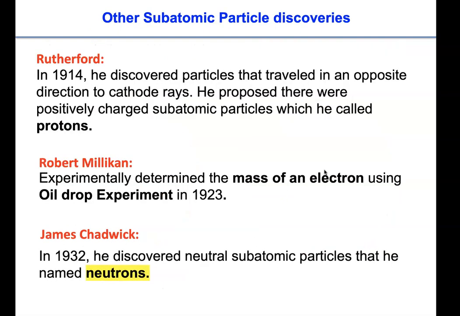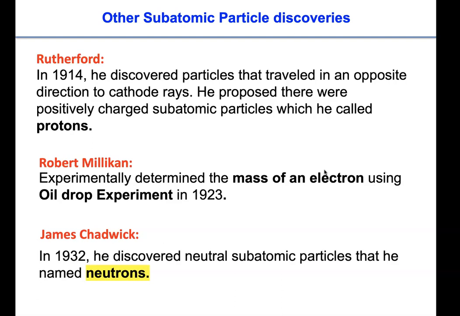So some discoveries. In 1914, Rutherford discovered positively charged particles that went in the opposite direction in the cathode ray tube. He called them protons. And in 1923, Robert Millikan experimentally determined the mass of an electron using the oil drop experiment.